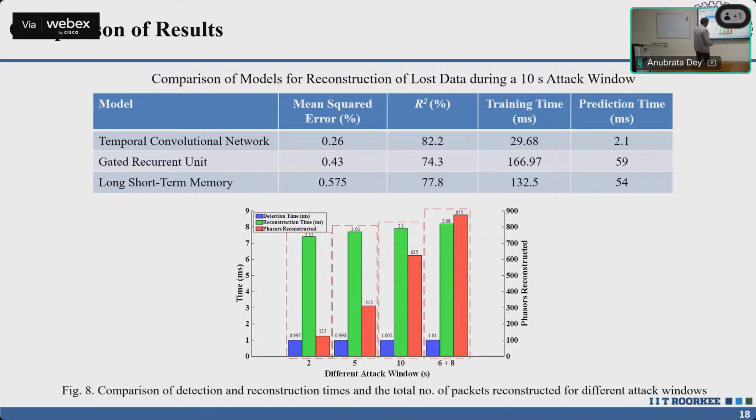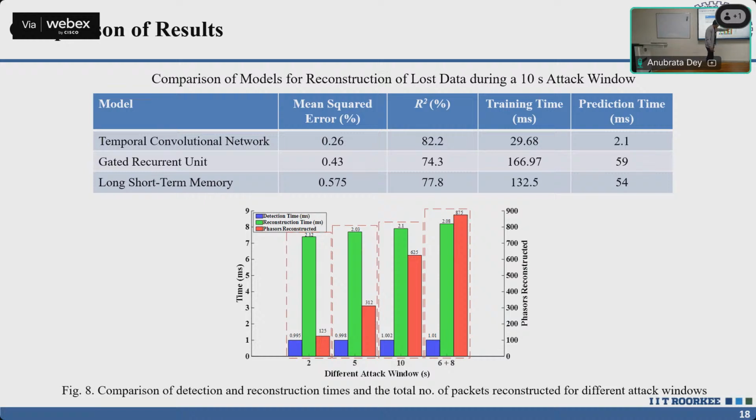If I use the TCN technique, I have also used two others: the gated recurrent unit and LSTM. Using these three techniques, I have shown the comparison in terms of mean square error, R square, which is also one of the parameters where you can compare, and training and prediction time.